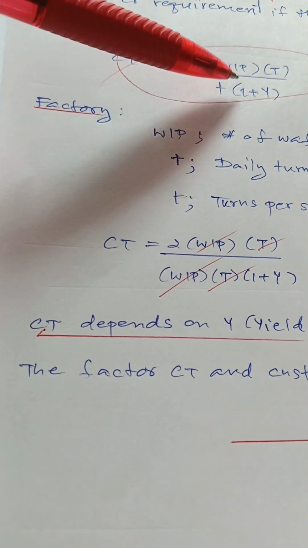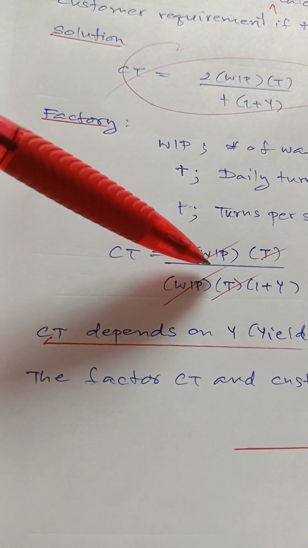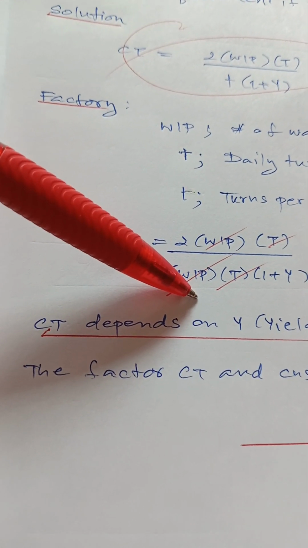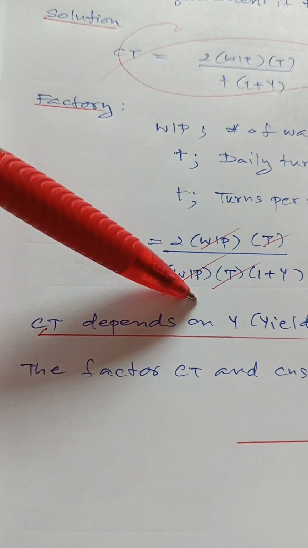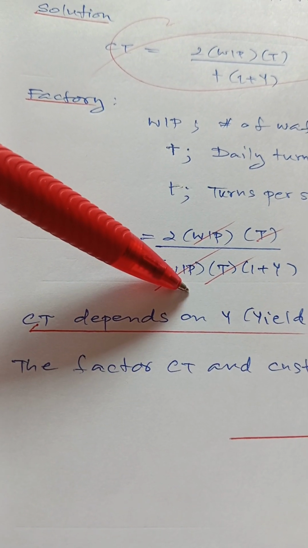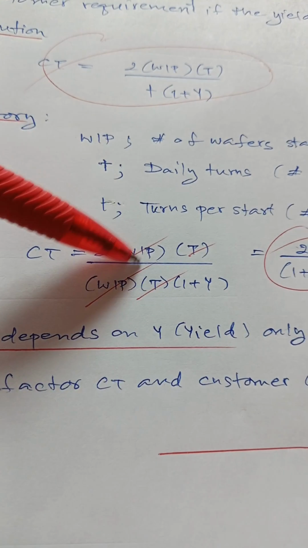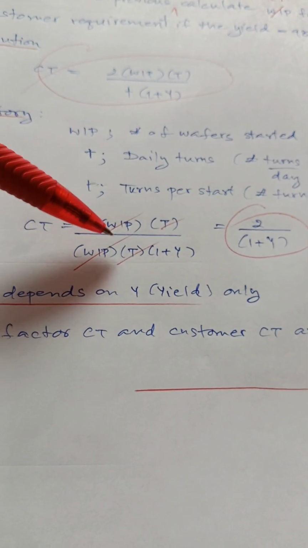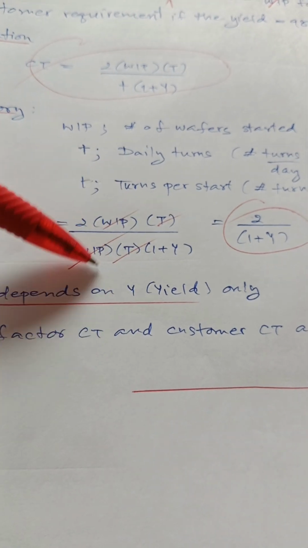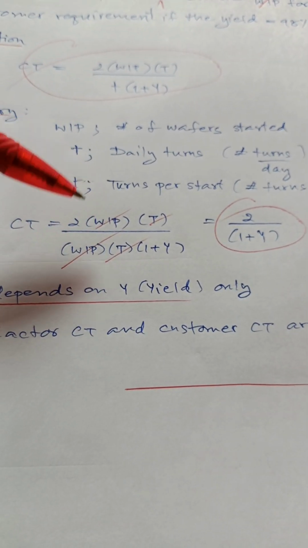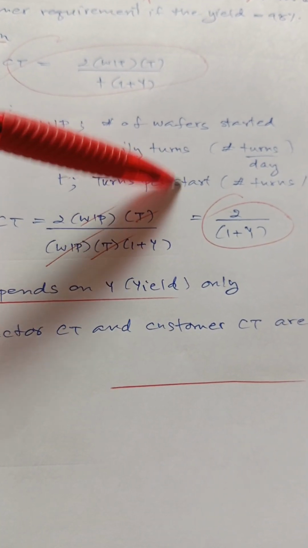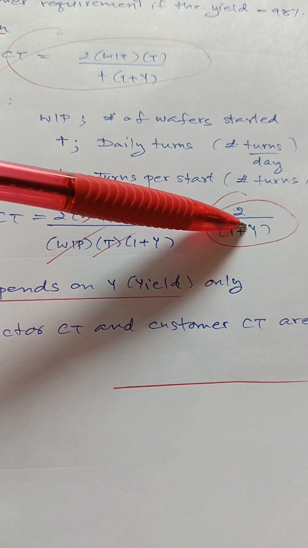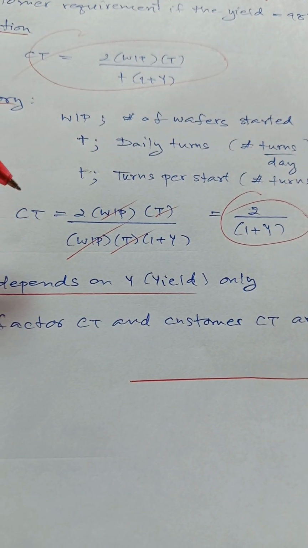You have a number of wafers, so you just multiply WIP by T. That gives you your daily turns, or number of turns, number of steps, number of moves that need to be done per day. So you can see that CT is not really dependent on WIP and T, because they all cancel out. You end up with CT depending upon Y only. That's 2 over 1 plus Y.